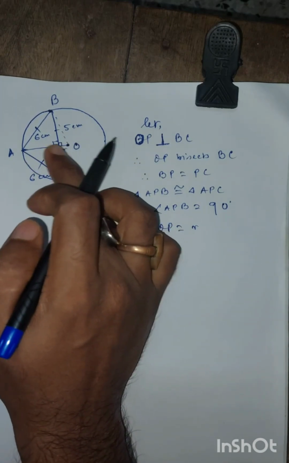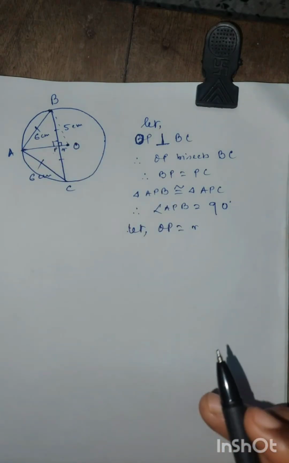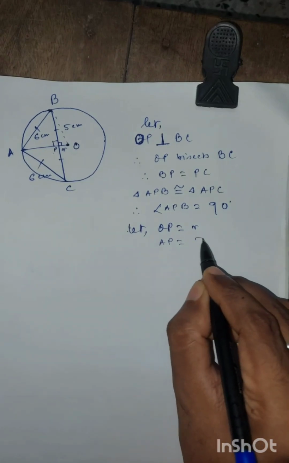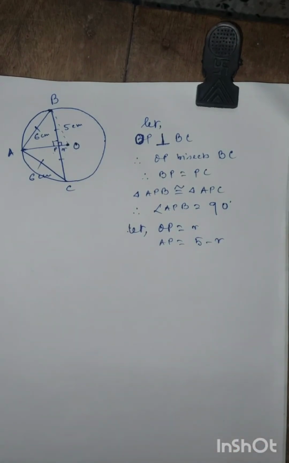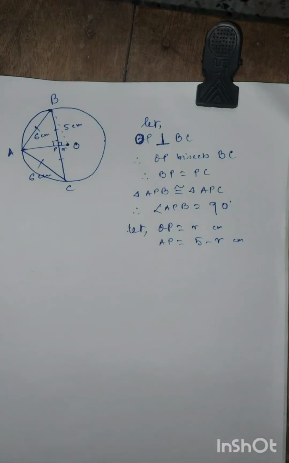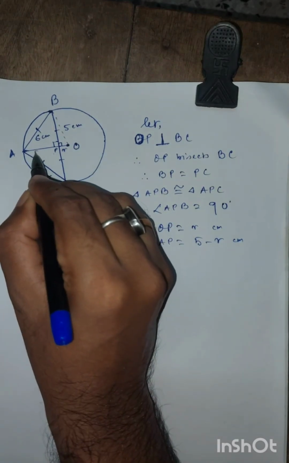Therefore, the total OA is actually 5. So AP will be 5 minus R centimeters.